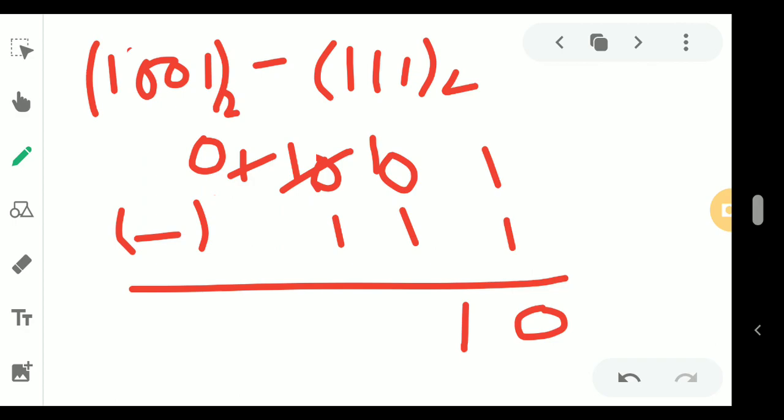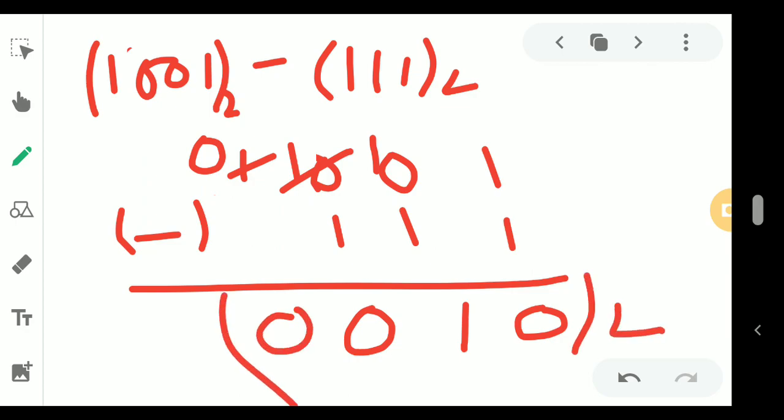So 1 is left from here, 1 I have given, but where the 1 is there, because from this digit I have given 1 to them. So that's why this 1 is there. So this 1 minus this 1 becomes 0. And here 0 is already present. So the answer becomes only 1 0.